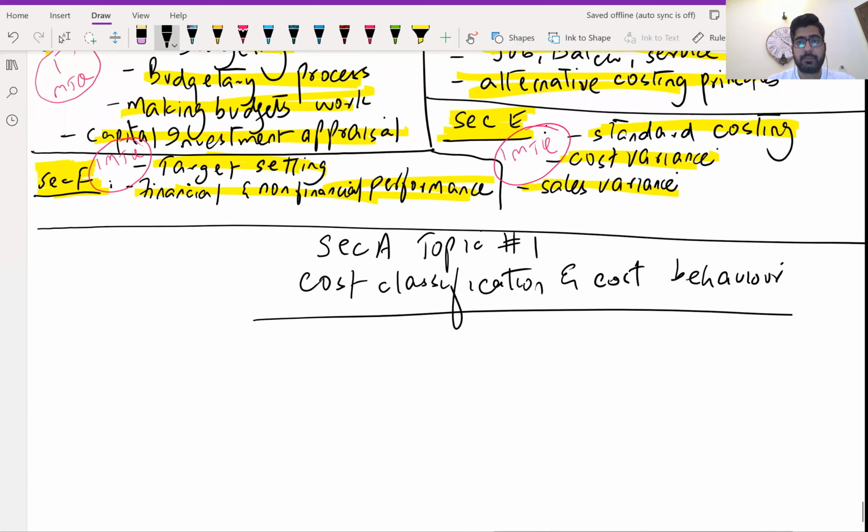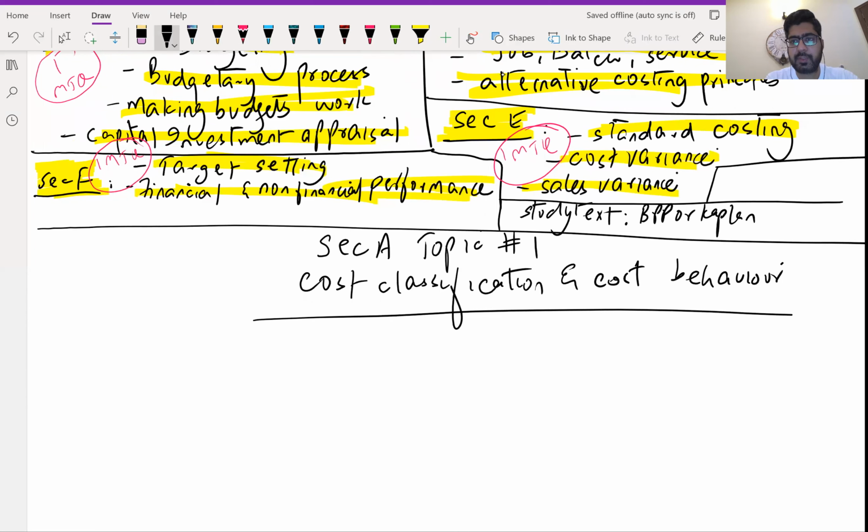Before starting this section, I forgot to tell you one thing. You need to use the study text of either BPP or Kaplan. You can use any study text of the publisher, either BPP or Kaplan, but you have to use the revision kits of both BPP and Kaplan, because both have some very good questions.